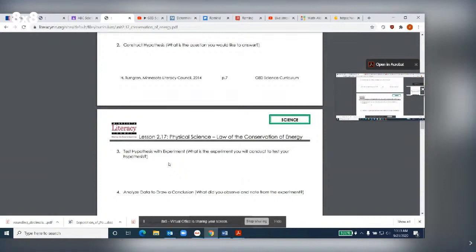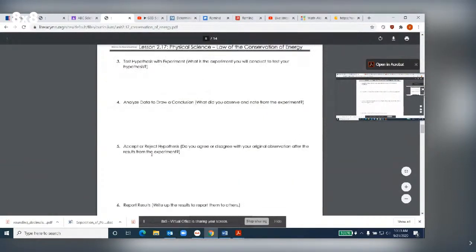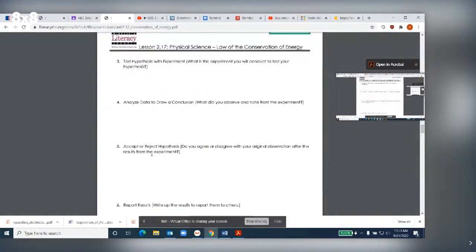If you put gas in there and it starts, well, you've solved your problem. You realize, oh, it was out of gas. But if you put gas in it and it doesn't start, you're like, well, that wasn't the problem. It's not the gasoline. And then the last thing you would do is you accept or reject your hypothesis. So if you put gas in there and it starts, well, I accept my hypothesis.